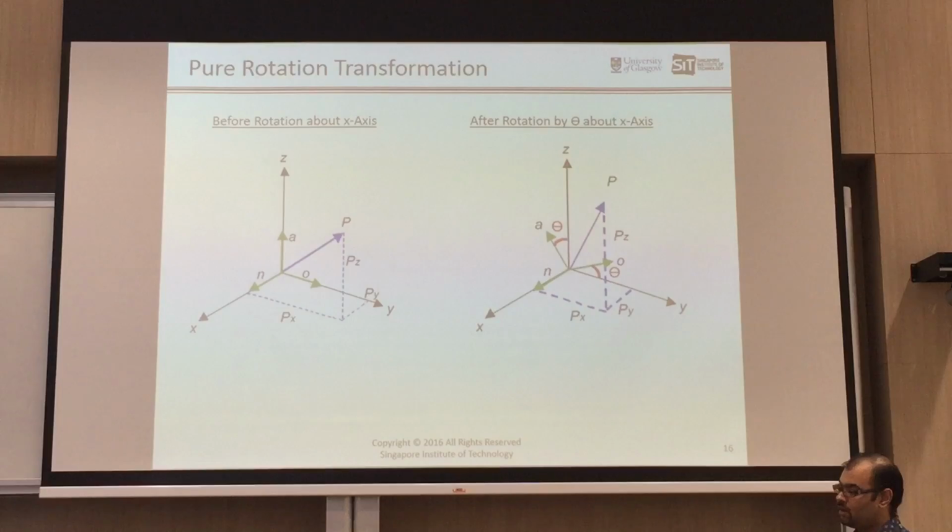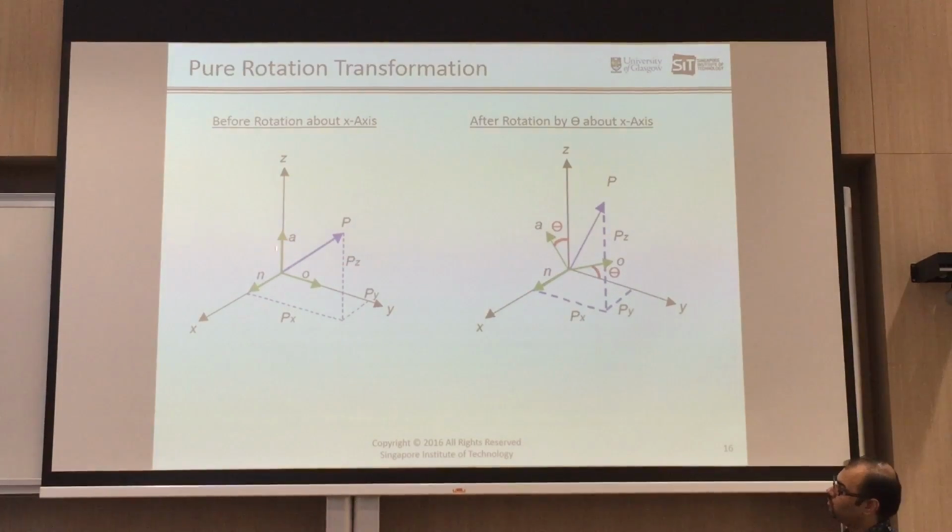Right? But what academicians have done is that they have managed to find rotation matrices about each axis and how you want to manipulate them later on. Right? So let's say now we're just rotating about the x-axis.